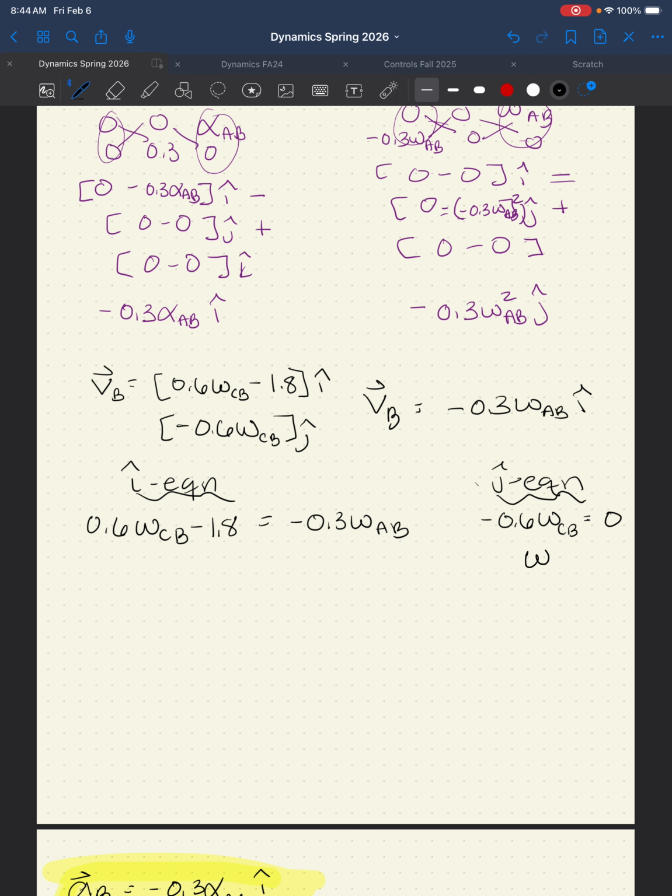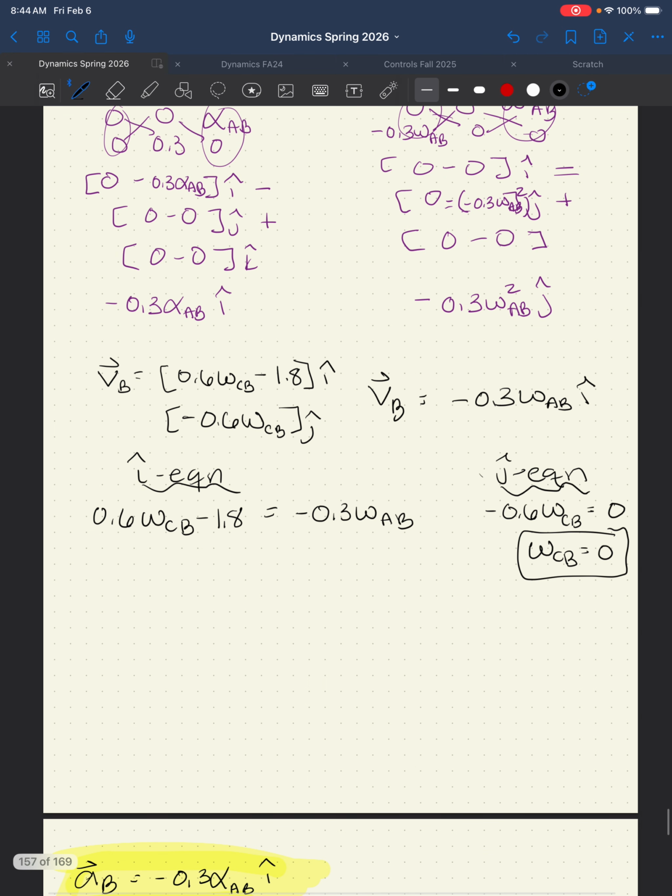Okay, so we know omega CB must equal 0. And if we plug that in here, in the I equation, we should see minus 1.8 equals minus 0.3 omega AB.